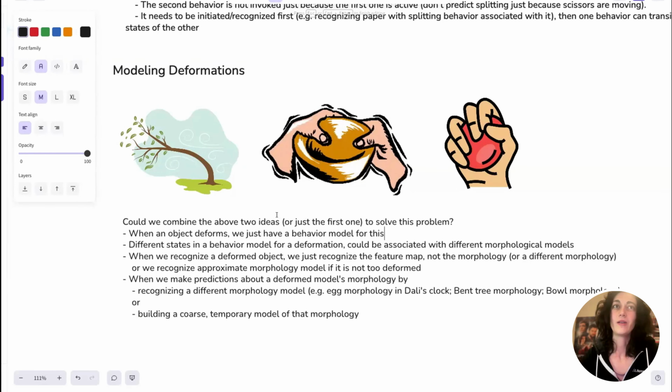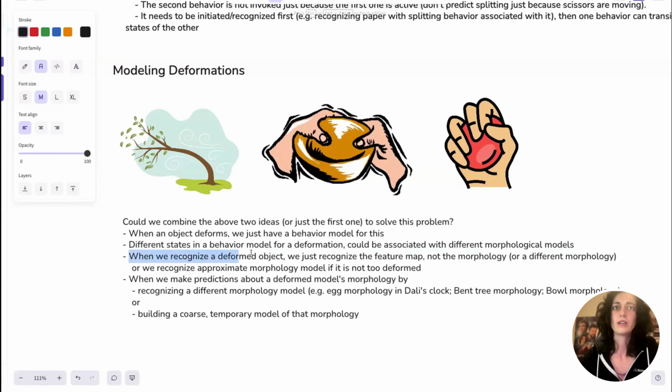So while you're seeing the tree bending, you could have a behavior model for this and recognize that behavior of the tree bending. But you can also recognize it just looking at this image. You can still see it's a tree. And while it's bending, different states in the behavior model for a deformation could associate with different morphological models. So you could have a morphological model of the tree in the bent state.